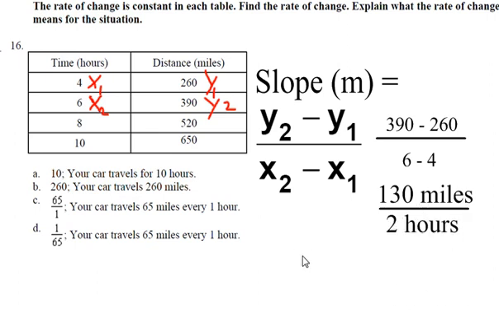So when we reduce that, we are going to get 65, because 2 goes into 130, 65 times. So you get 65 over 1.